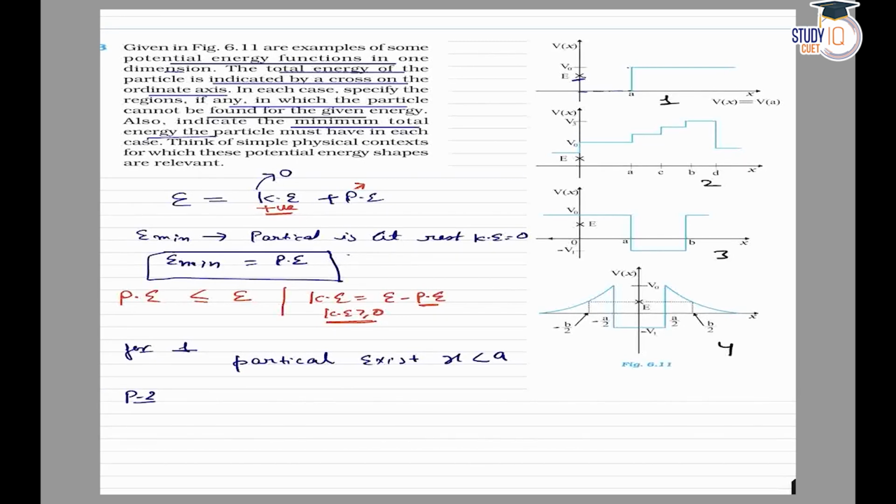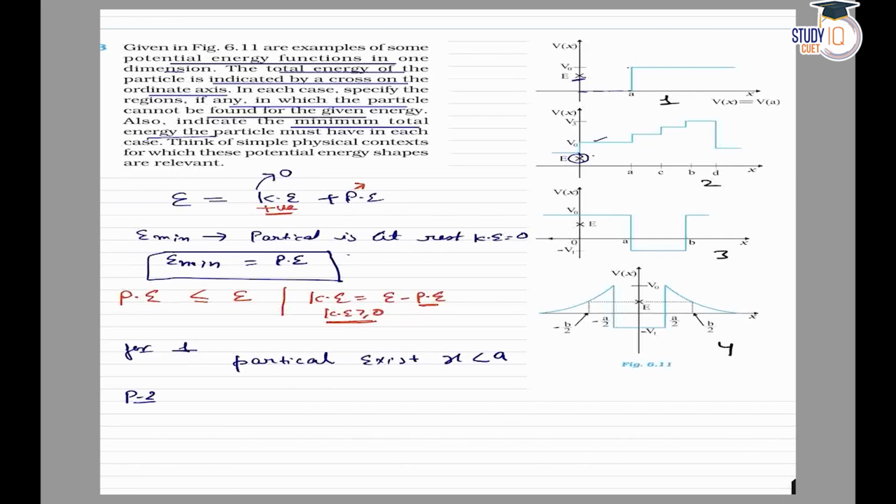Second part. In the second part, we are supposed to find out in which region the particle can exist. So for the existence of the particle, the total energy, that is this part, should be greater than potential energy. But as we can see from this diagram, in the complete region, the potential energy is greater than total energy.